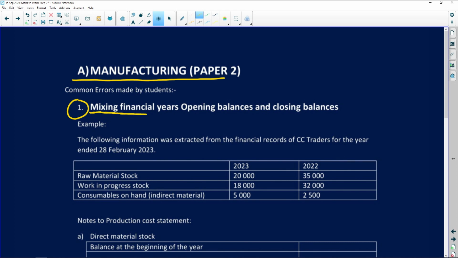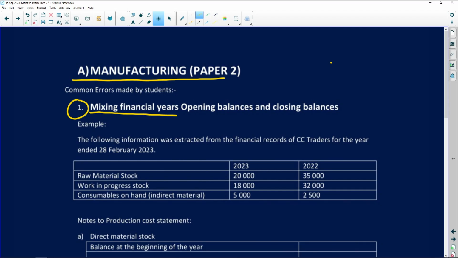Now, once again, I definitely did this in paper 1. Please make sure that you do not confuse the 2 financial years of information that will be provided. In other words, I'm referring to your opening balances and your closing balances.